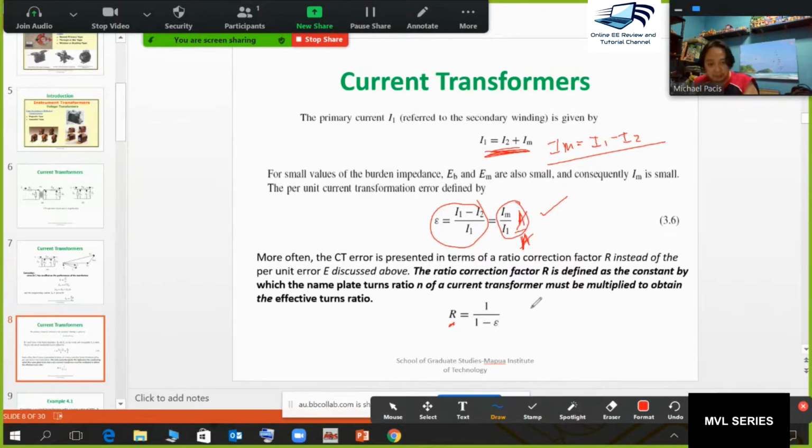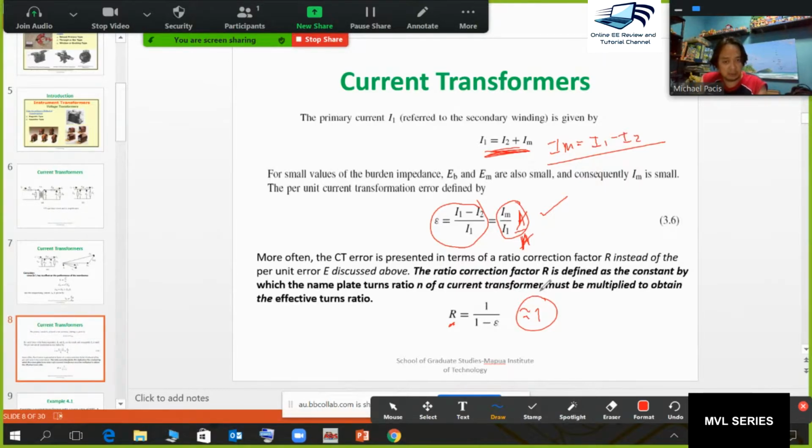If that is equal to 1, it means no error. But there are some instances where this R must be multiplied, because there are some burdens that have an effect on the overall CT ratio. We'll discuss the burden on the next few slides.